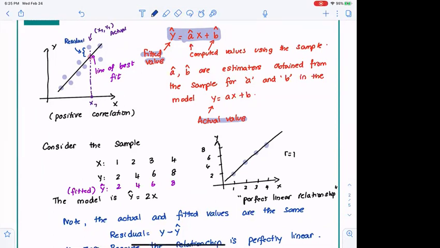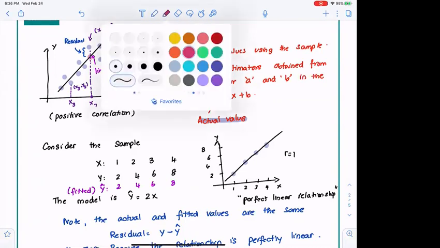Another case, let's just take a simpler one. The observation x3. So that point is x3 and the corresponding y value is y3. So the actual value is x3, y3.